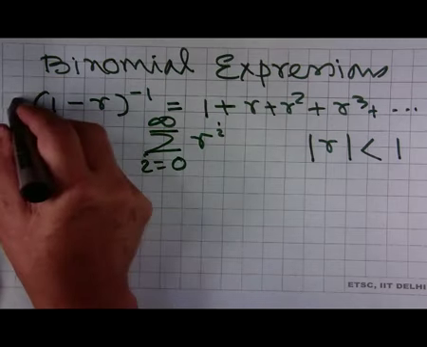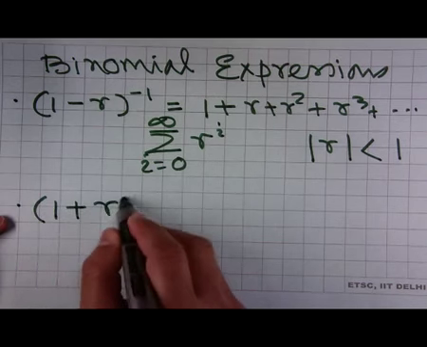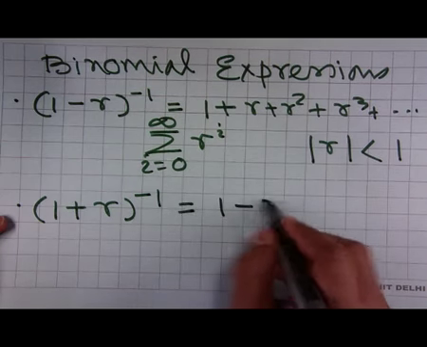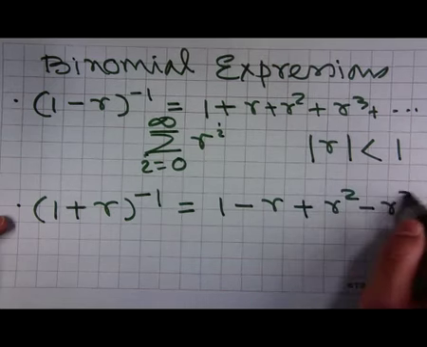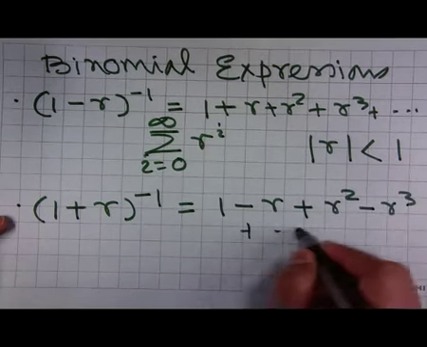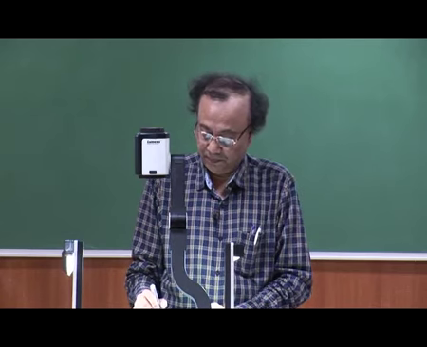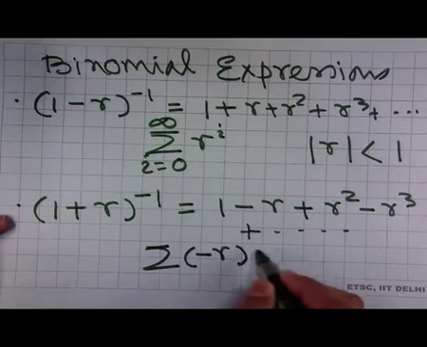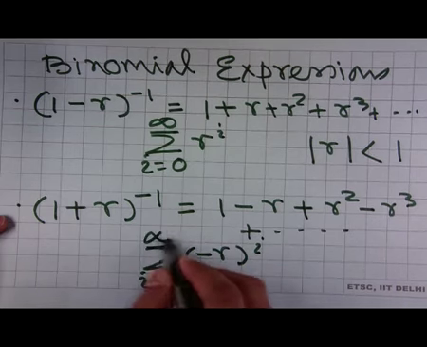Also, we have seen that (1 plus r) to the power minus 1 is equal to 1 minus r plus r square minus r cube plus this infinite series, which is equal to sigma minus r to the power i, i equal to 0 to infinity.